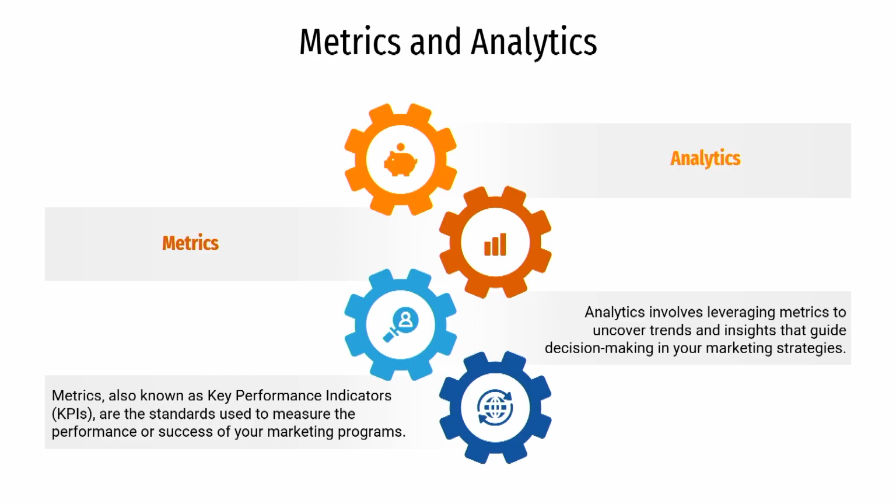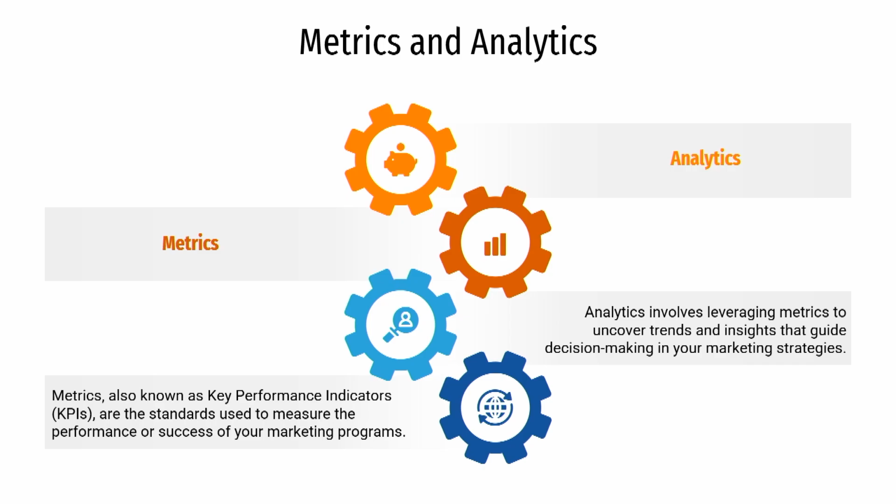Next, let us try to understand the distinction between these two terms, metrics and analytics. Remember that these two terms are related to each other, but they are distinct in nature. Metrics, which are also known as key performance indicators, are the standard used to measure the performance or success of your marketing programs.